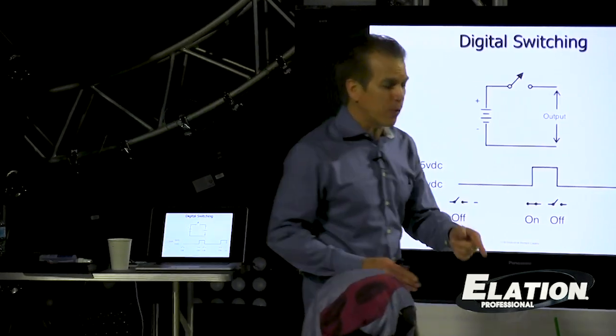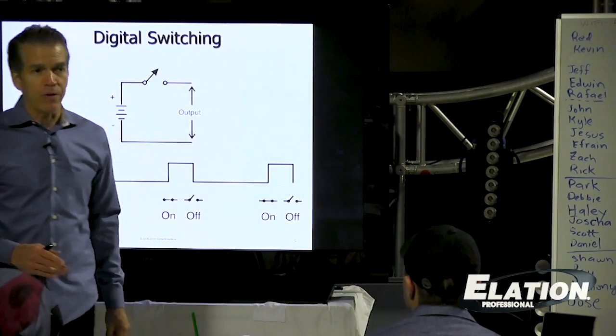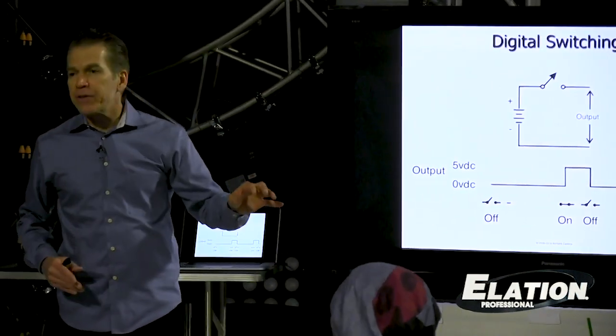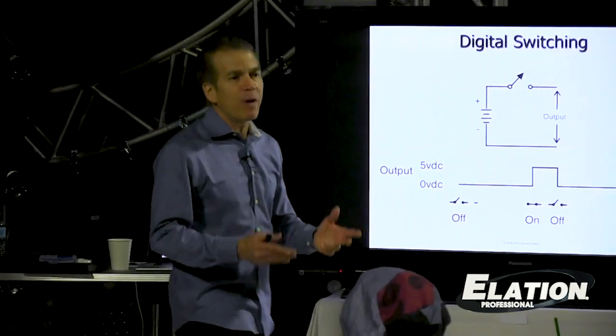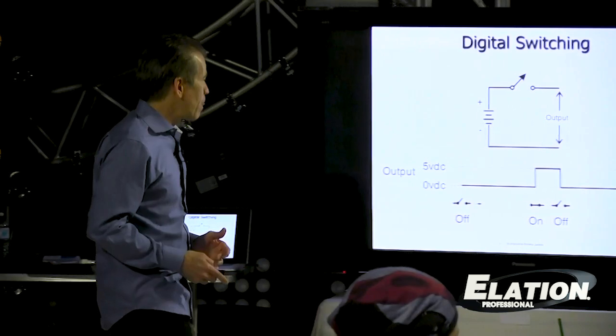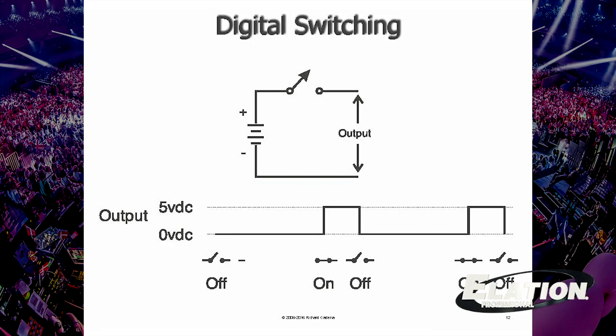Your computer's USB port is a serial data port. And in fact, that's the same interface that we use for DMX. Now notice when I'm switching the voltage on and off, it's generating a square wave. So a square wave is a digital control signal, or a digital control signal is a square wave.